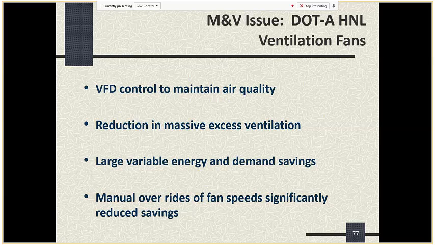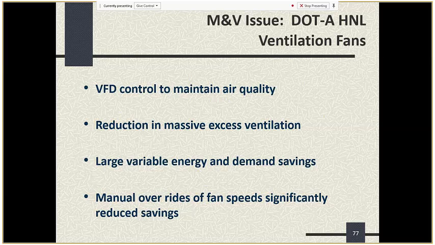The whole strategy for this particular ECM is a reduction in massive excess ventilation, because these fans are actually located outside. So effectively, they're in an area that is not a cooled area by artificial cooling. It's simply cooled by these fans being used to ventilate, to protect air quality.